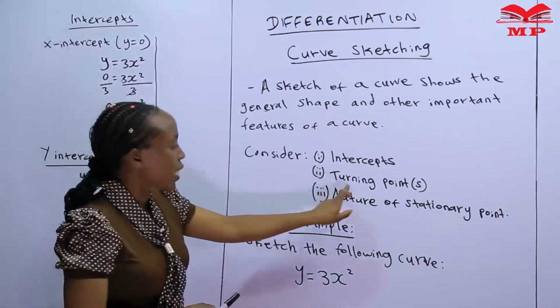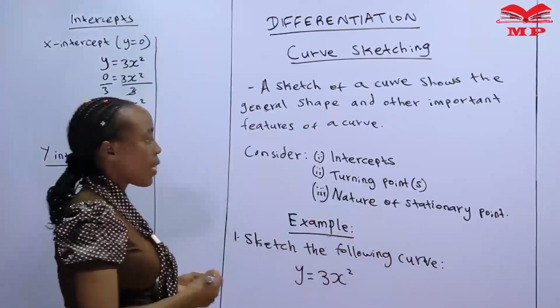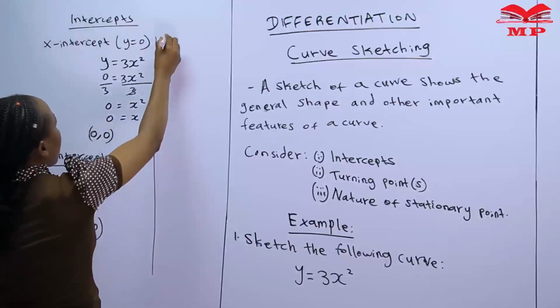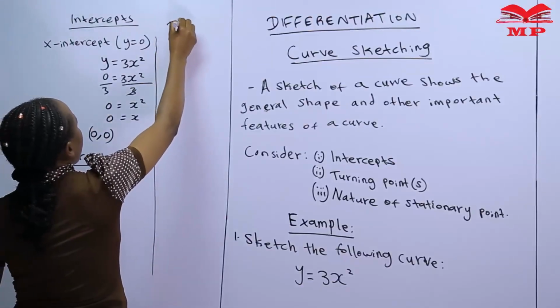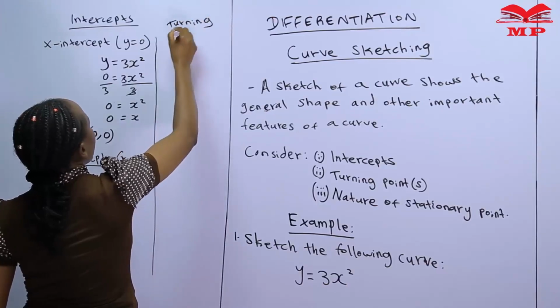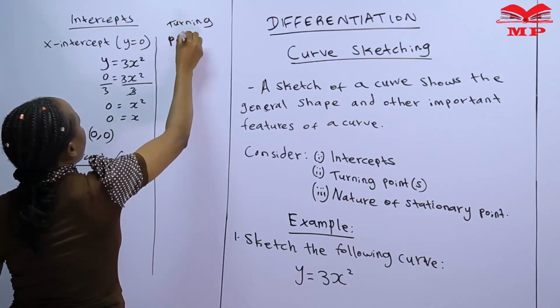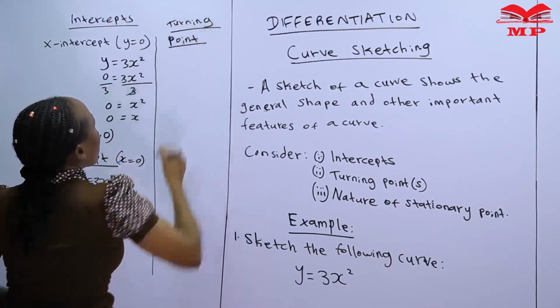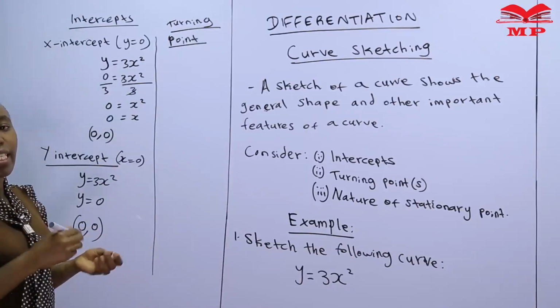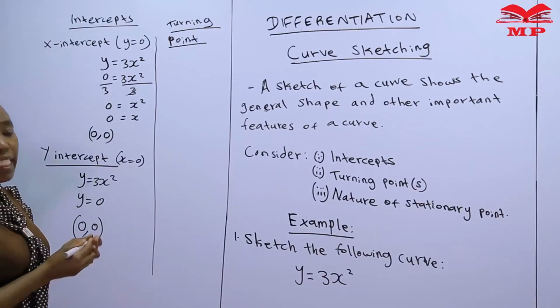Then we move on and get the turning point. We know that at the turning point or at the stationary point, the gradient is 0.